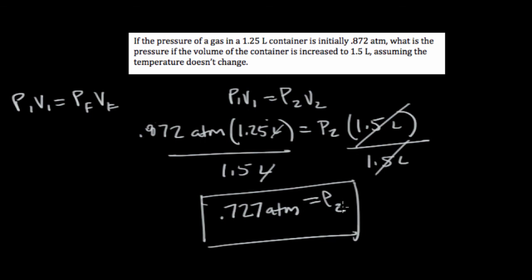And just as a final common sense check, this result follows Boyle's law because we increased the volume from 1.25 to 1.5, and so we decreased the pressure from 0.872 to 0.727.